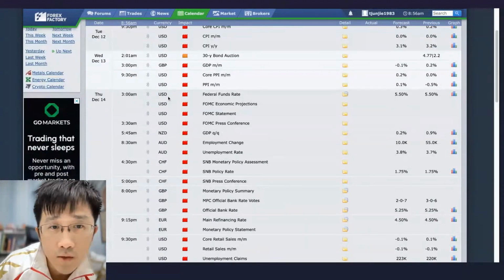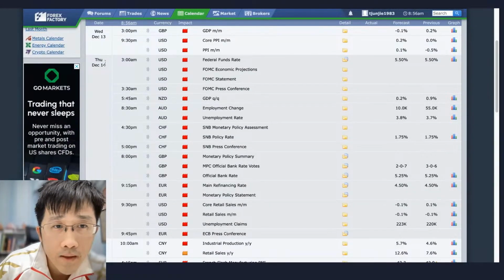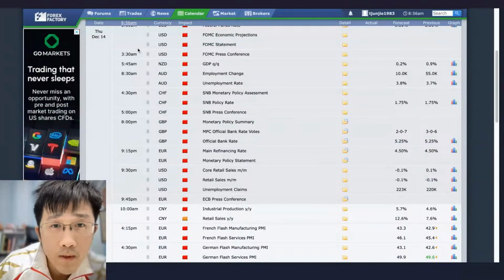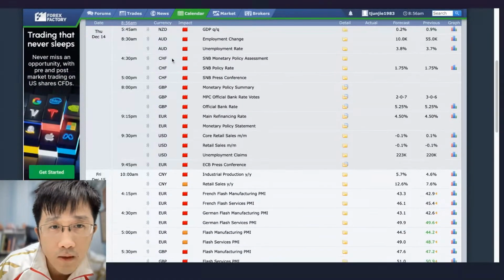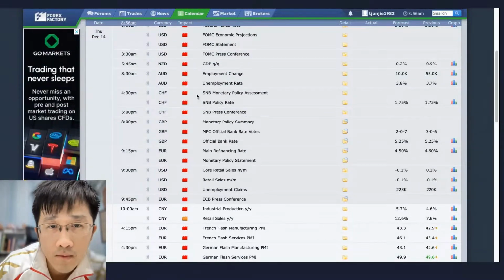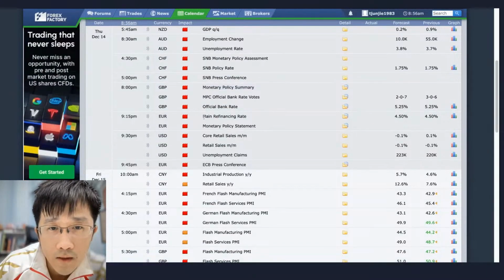Okay, so that's the US side, which is on Thursday early morning at 3 a.m. After which the whole day is also flooded with interest rate decisions: the first one is from the Swiss franc, then the pound, and then the euro.